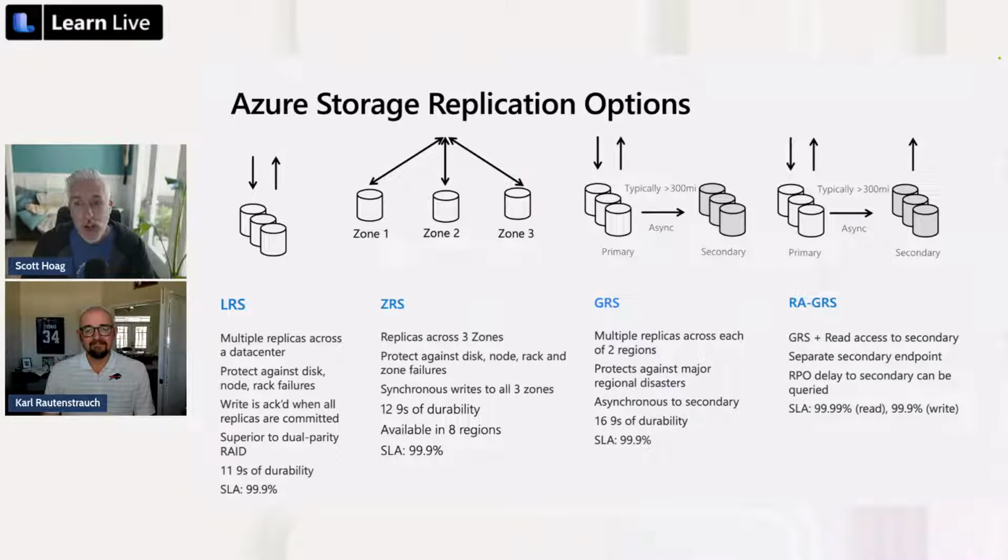So if you have data that you want to have available in two geo-distributed regions, and you want the data in the secondary region to also be readable, maybe you have an East Coast and a West Coast presence for your business, and you want latency to be reduced for users on the West Coast when they're accessing that data, we'll automatically replicate it for you, and those clients can just come in and read out of that secondary endpoint.